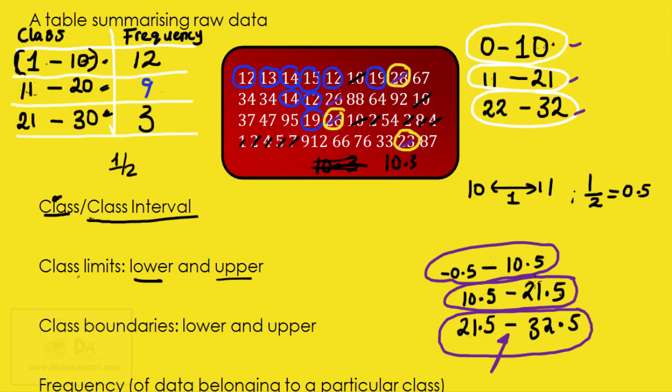Then you have a situation where the upper class boundary of a class and the lower class boundary of the next class are the same. We'll have more on this later, but by mentioning it here, I'm just introducing you to the idea of a class boundary. So note the distinction between class limits and class boundaries.